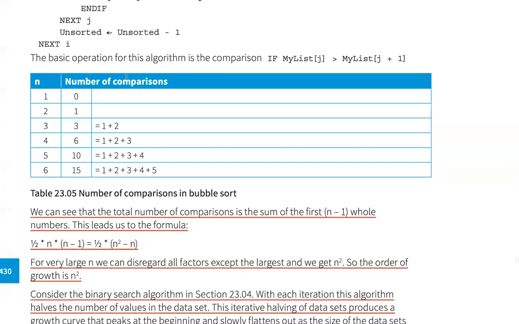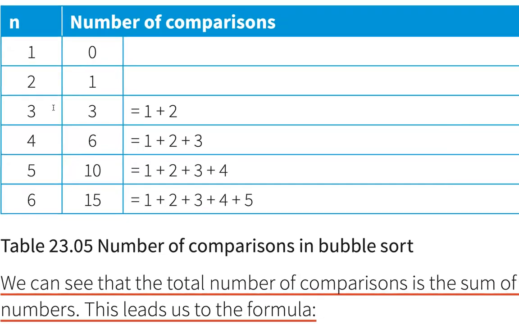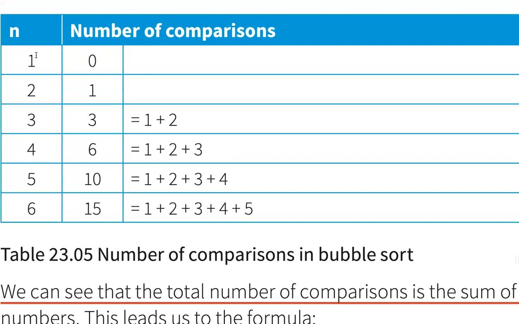So based on this, let's look at this table. If let's say I have one element in my array, I have to do no comparisons. It's already sorted. There's no comparison required. Now, if you remember, the way bubble sort works is that I take two elements in my array, I compare them with each other, and if they are out of order, I swap them.